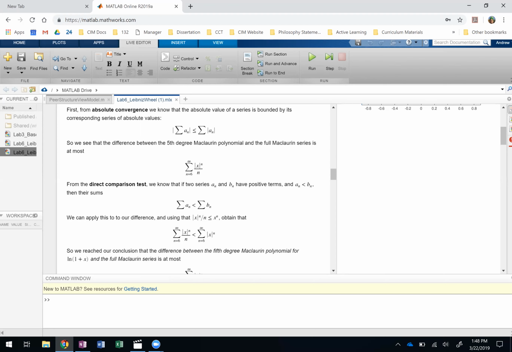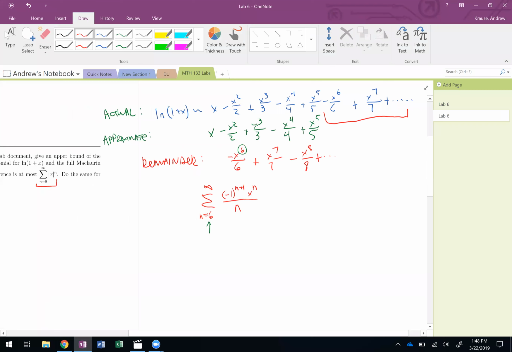Let's parse out what's going on here a little bit. What this is saying is that the error will be bounded by the remainder. So it's going to be bounded by the absolute value of that remainder, actually.